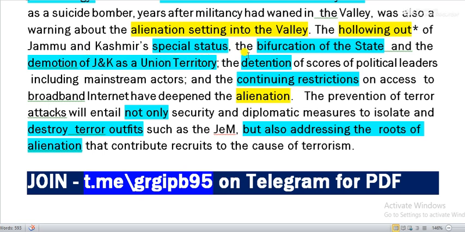Then the detention of political leaders, including those persons who were in prominence. Mainstream actors refers to prominent persons, and the continuing restriction on access to internet. Now these all work together to cut off Jammu and Kashmir from the rest of the country.